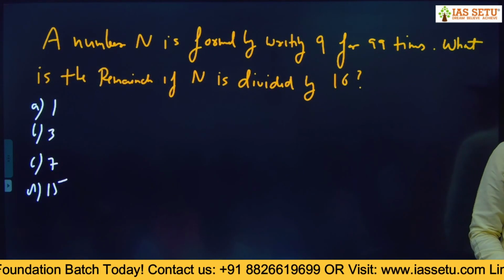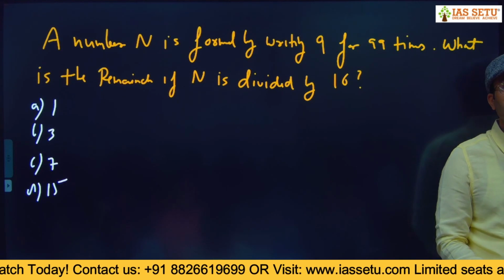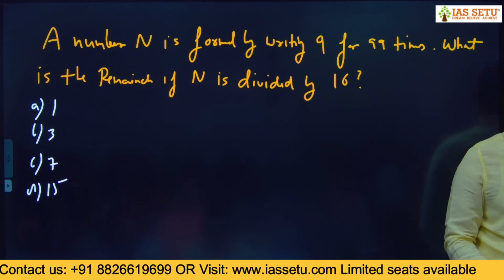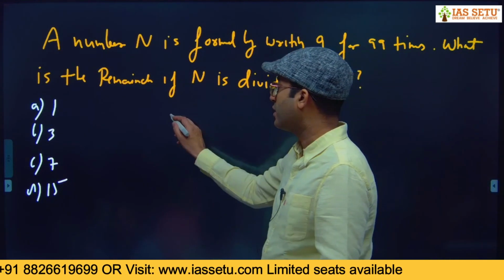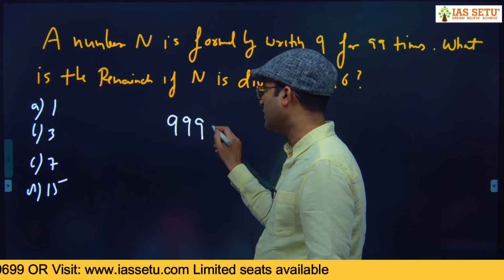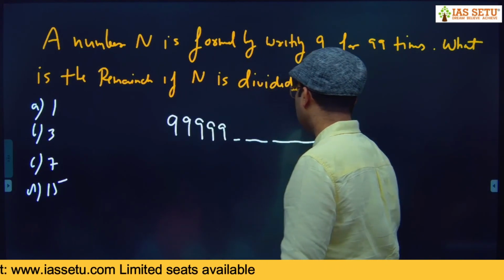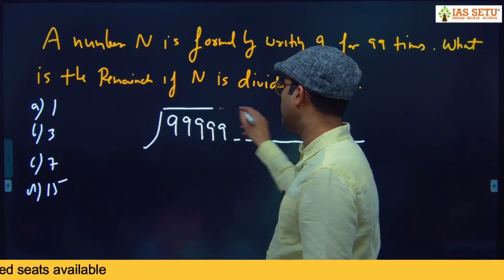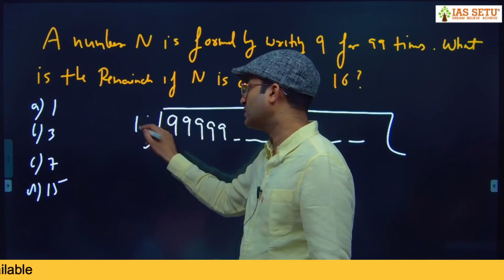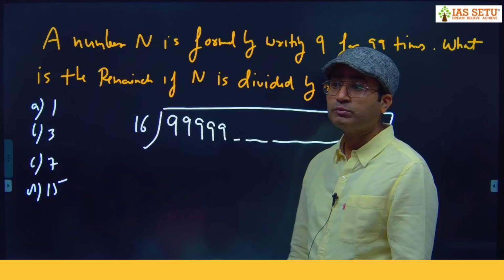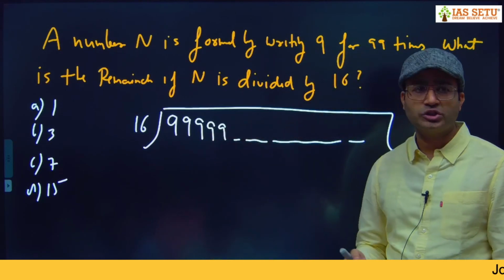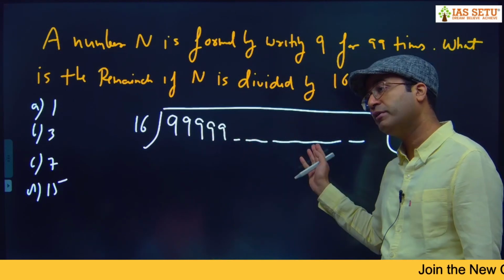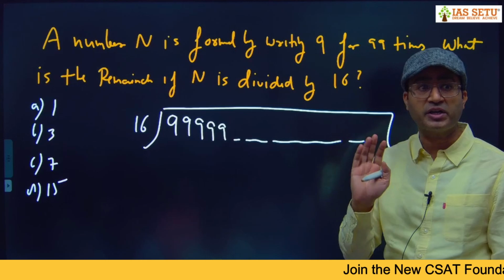The question here is, a number n is formed by writing 9 for 99 times. So what is our number? 9, 9, 9, 9, 9, 99 times. And if we divide that number by 16, what is our remainder? Some students may think this question will be time consuming if you check this bigger number.